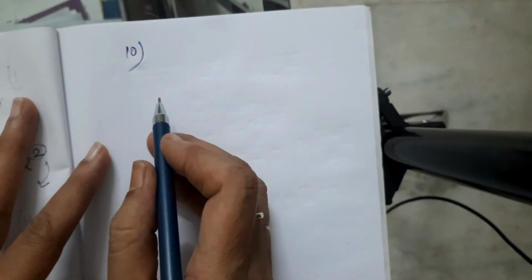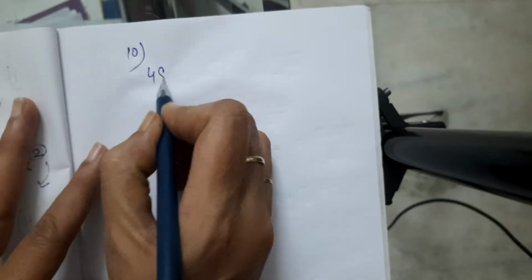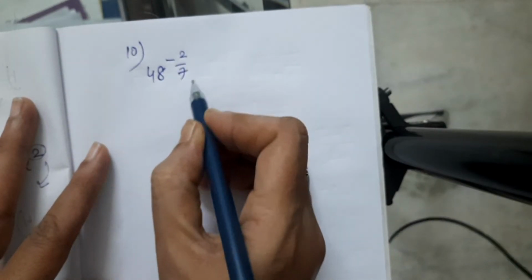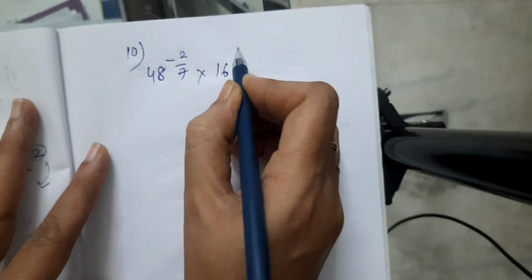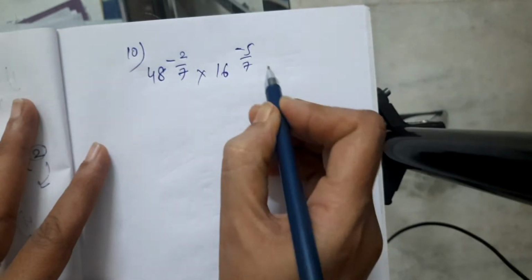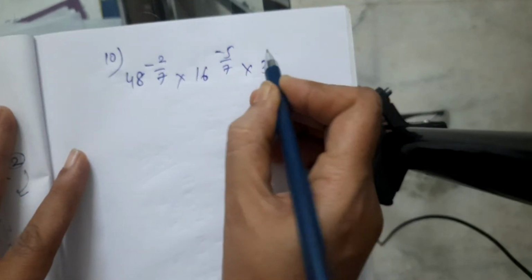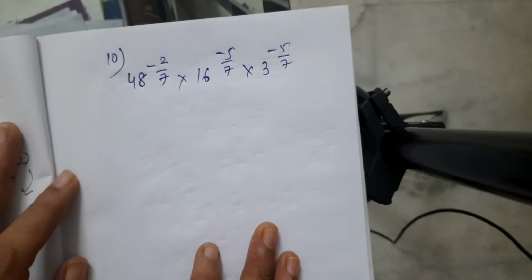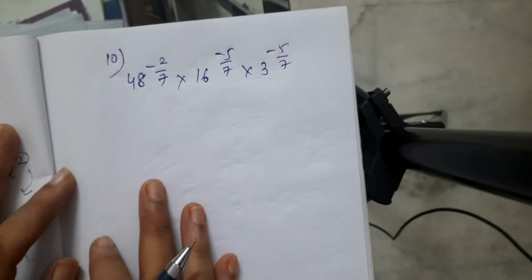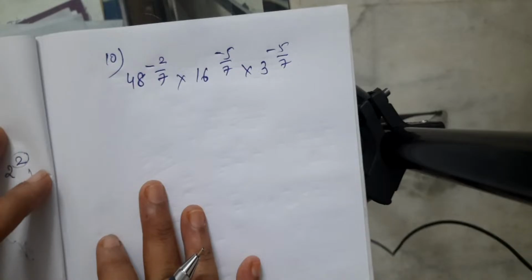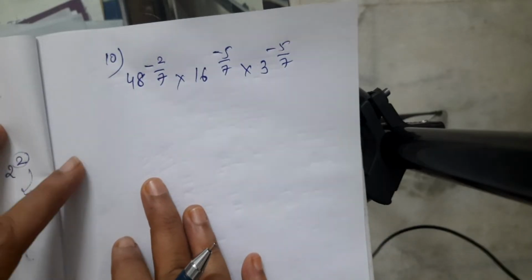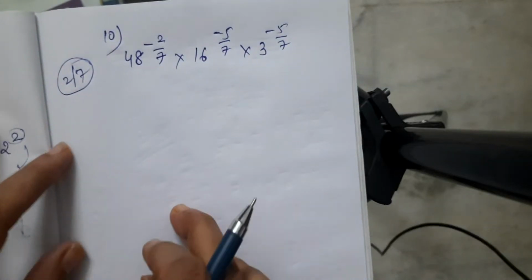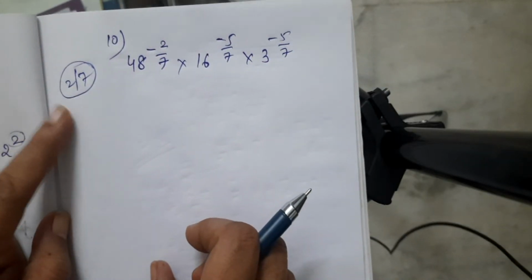Now here, question number 10, it is 48 raised to minus 2 by 7, 16 raised to minus 5 by 7, then 3 raised to minus 5 by 7. If you feel like you are not able to do that, I'll explain later.